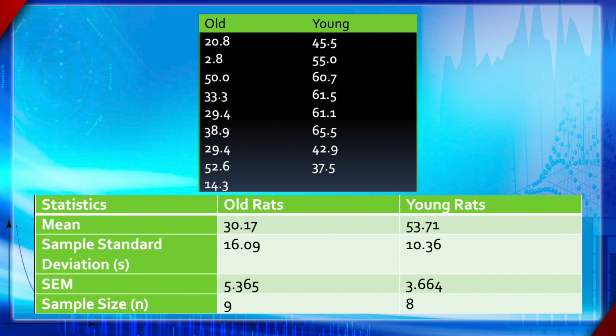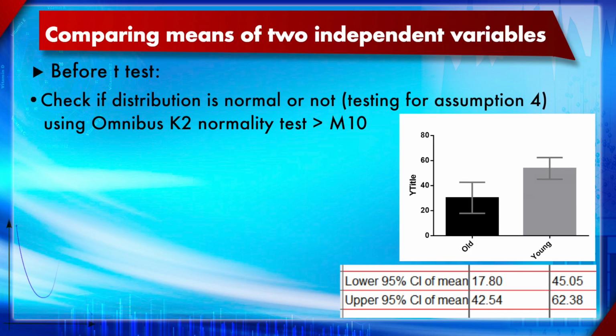Before the t-test, check this distribution, because one of the assumptions of the t-test is that the population from which our samples came has to follow the Gaussian distribution. So you can test normality of the distribution by doing a K2 omnibus normality test that we have learned in module number 10.